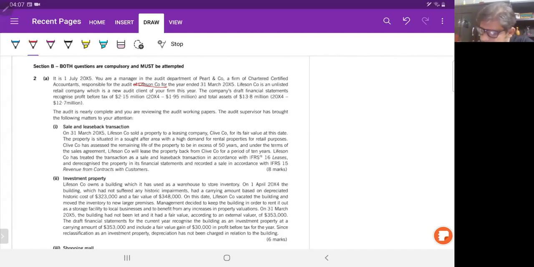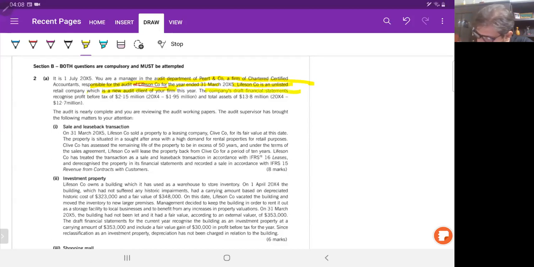It is 1st July 2005. You are a manager in the audit department of Pert and Co, a firm of chartered certified accountants, responsible for the audit of Lifeson Company for the year ended 31st March 2005. Lifeson Company is an unlisted retail company which is a new audit client of your firm this year.